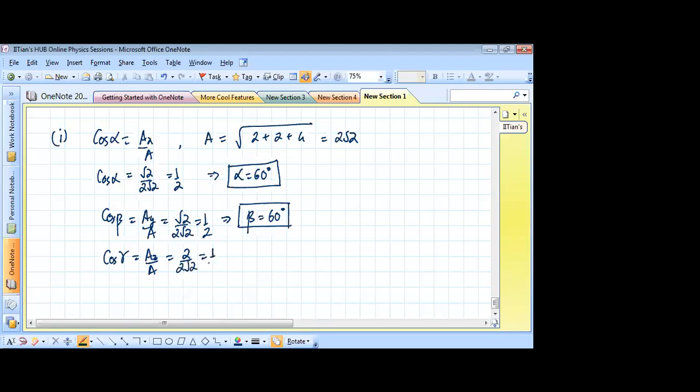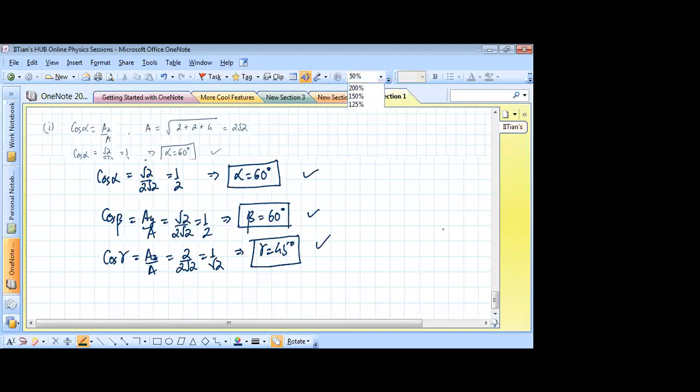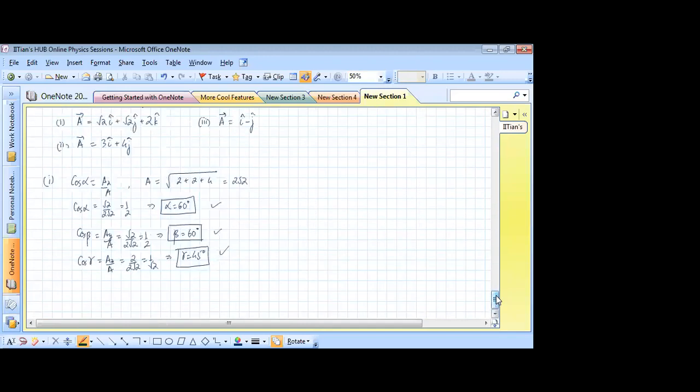That's 1 by root 2. So that means gamma equals 45 degrees. So these are the three quantities, alpha, beta, and gamma for the first one. Okay, now similarly calculate for the second and third also.